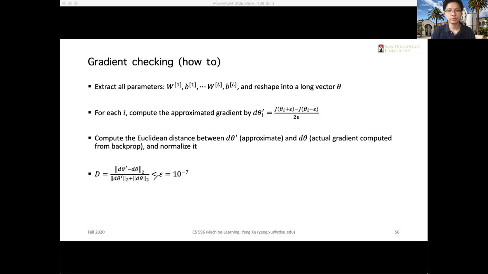So we can use some extremely small epsilon to measure the difference. If the difference is below this quantity, then we can basically claim that the gradients we computed have no problem.